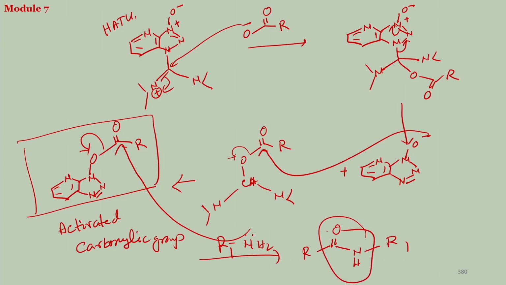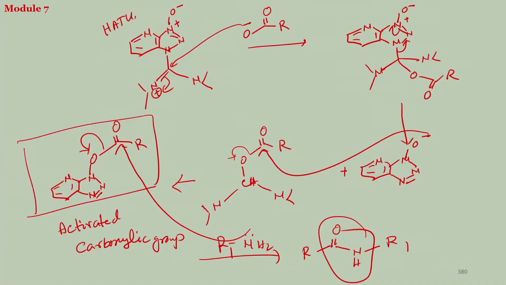So, your peptide bond is formed. That is the rough sketch of the mechanism for how the coupling reagents are involved in forming the peptide bond or in activating the carboxylic group. Okay.